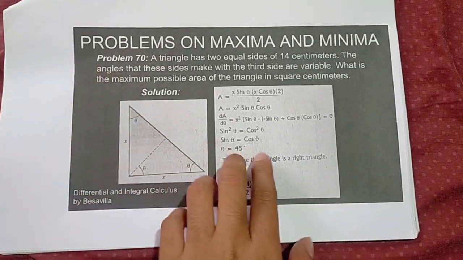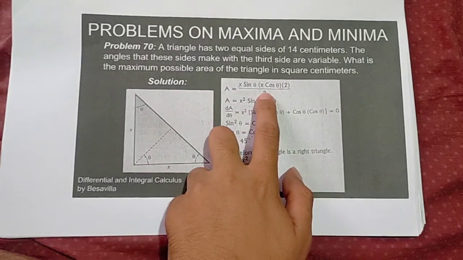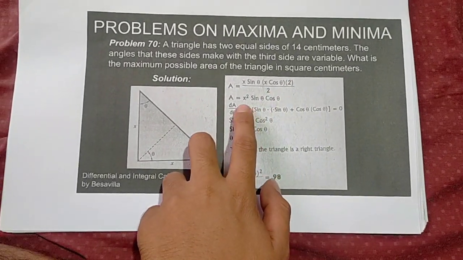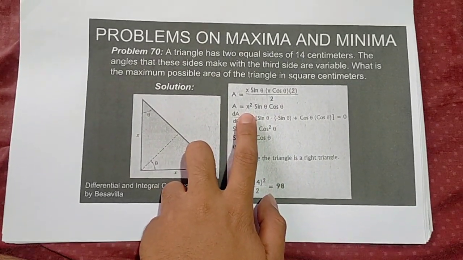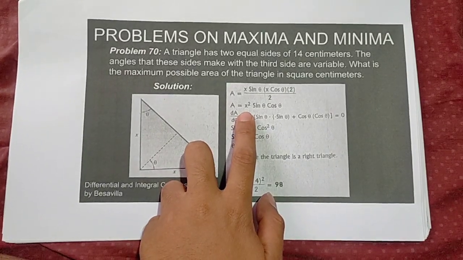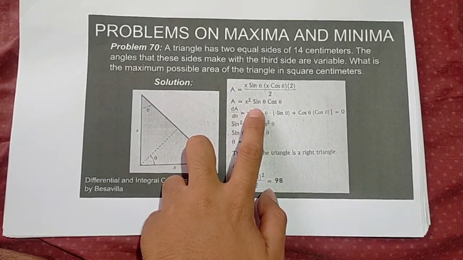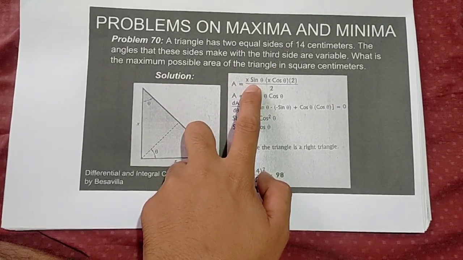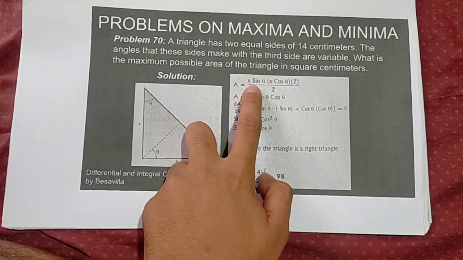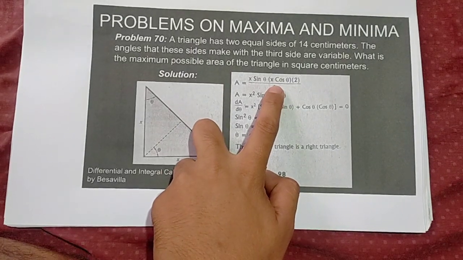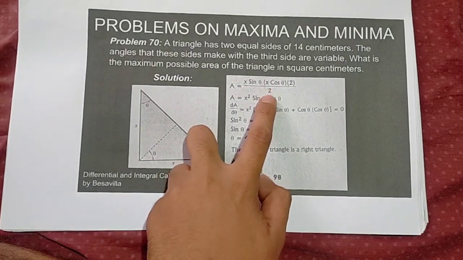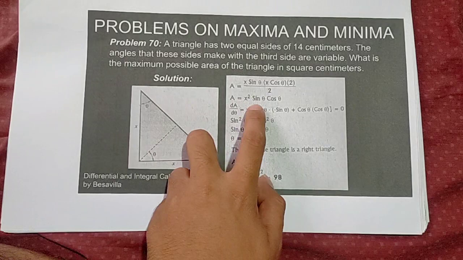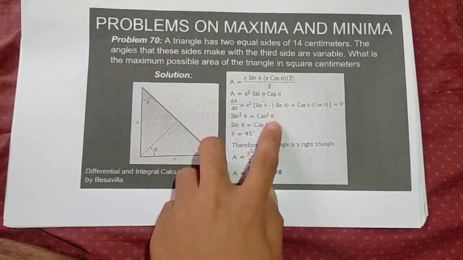We can cancel 2, so A is equal to x squared sine theta cos theta, because when we multiply x sine theta by x cos theta, we get x squared sine theta cos theta.